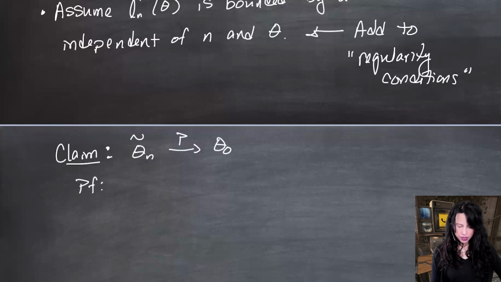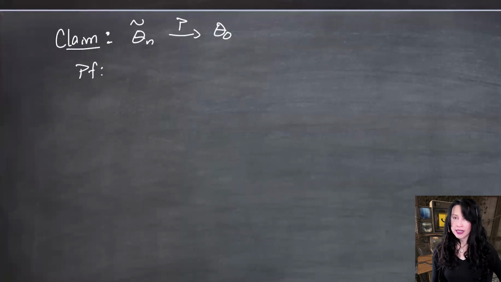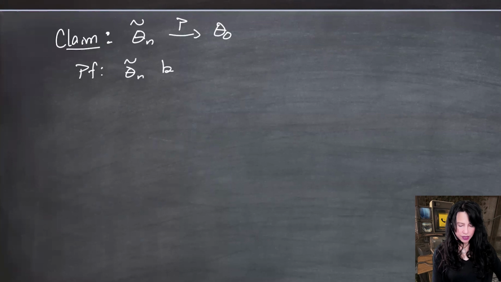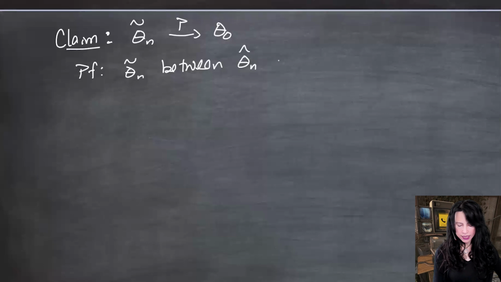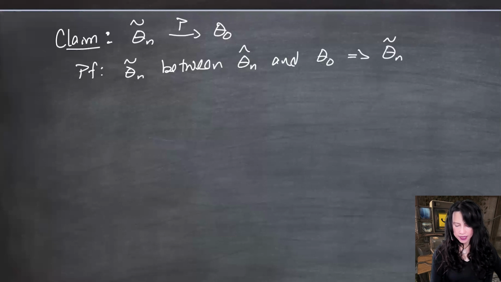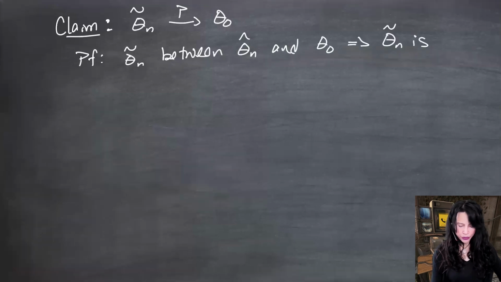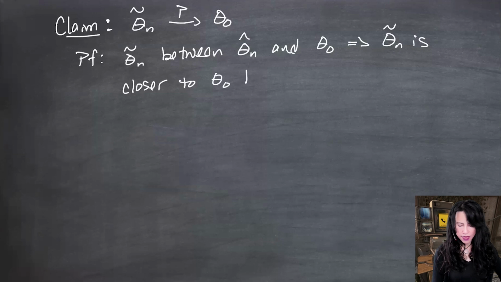So a mini little proof here of this claim. Remember that theta n tilde was between theta n hat and theta naught. So let me write that down. Between theta n hat and theta naught implies that theta n tilde is closer to theta naught than the MLE.